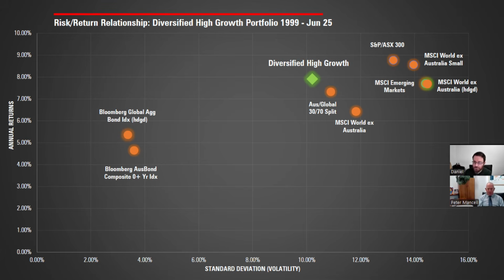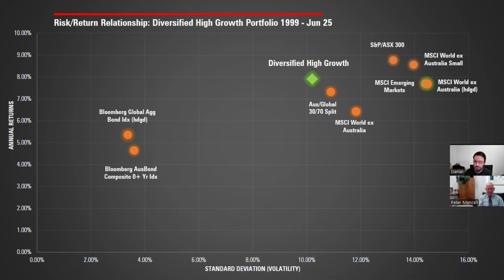I love the fact that this page in isolation validates Bill Sharpe's work on risk and return, and also validates Harry Markowitz's work on diversification. On the left-hand side of the chart with lower returns and lower volatility, you've got the bond portfolios, and over on the right where the red dots are higher but further to the right, you've got the equity portfolios. That's Sharpe's risk and reward being related.